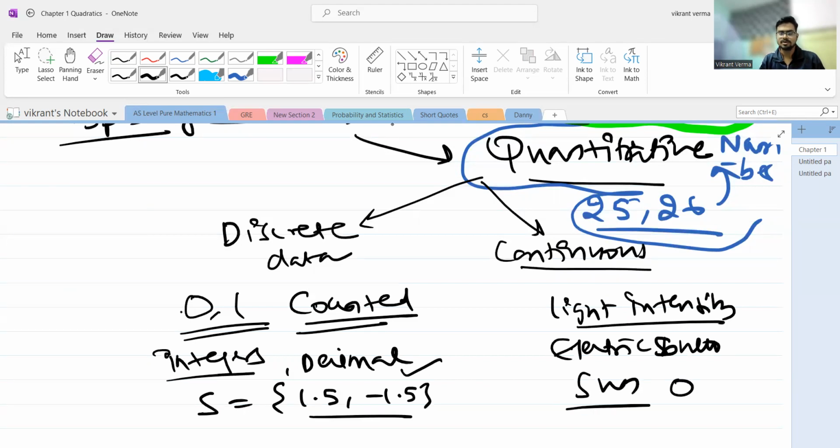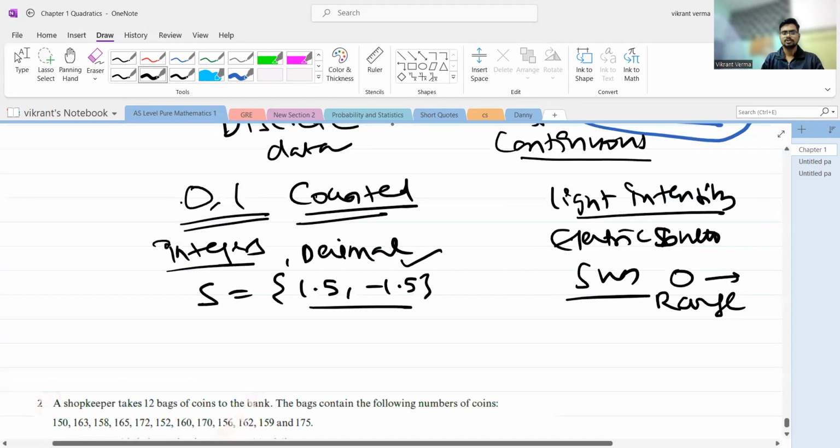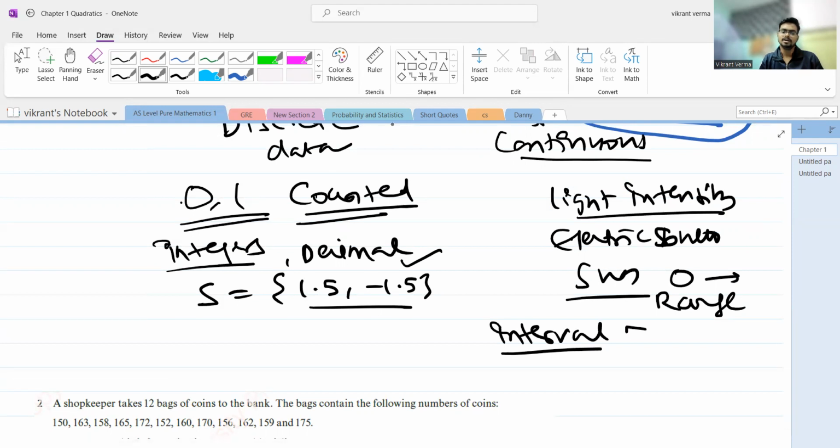It starts from 0 and then continuously takes values in a range, most probably in an interval, for example from 0 to some capital M. The values which lie inside some interval are known as continuous values.